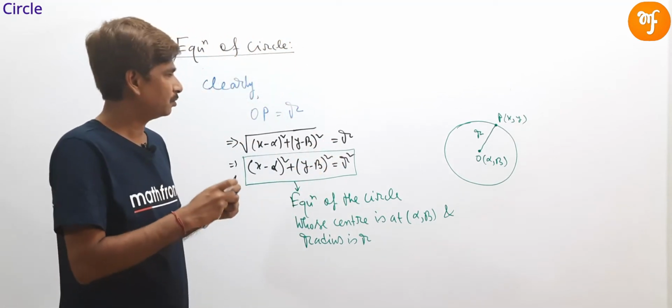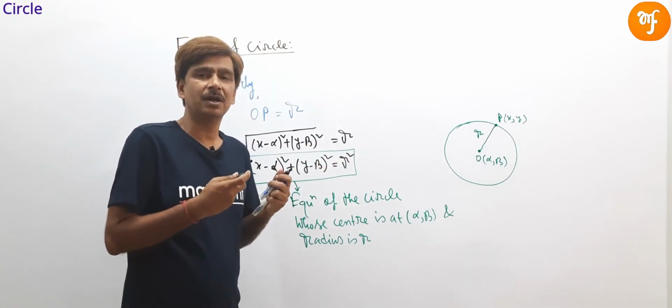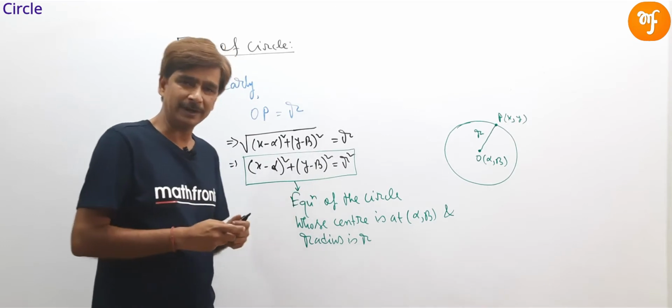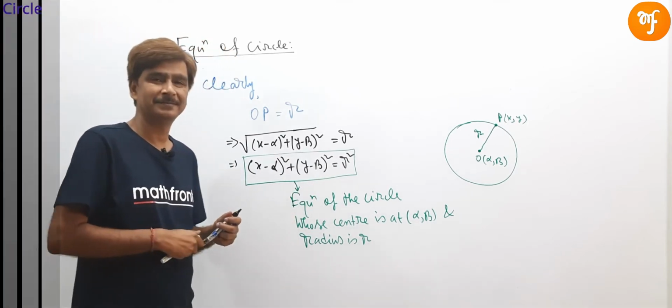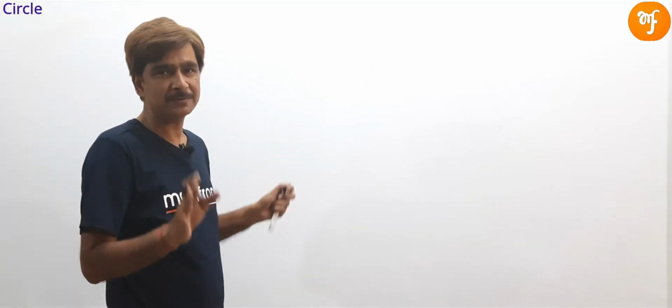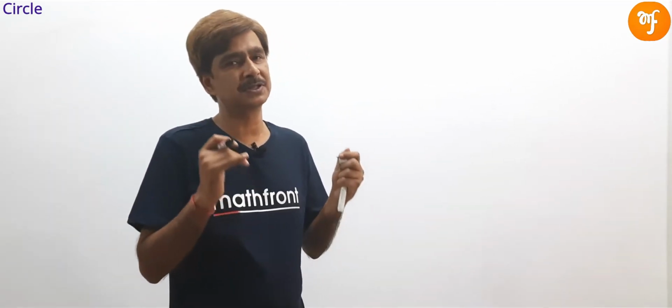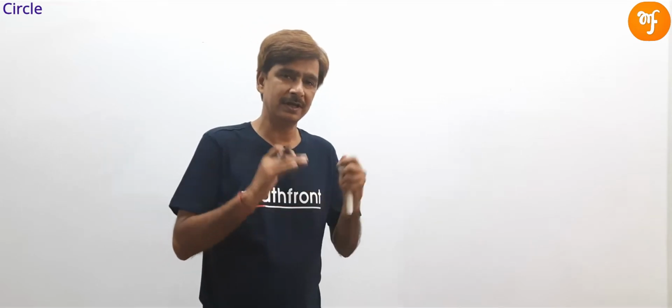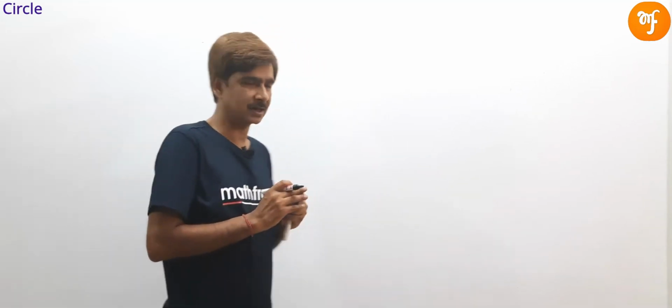Clear? Now we are discussing the equation of circle in general form. Let's see. So the general equation of circle: the equation x square plus y square plus 2gx plus 2fy plus c is equal to 0 represents the general equation of circle.